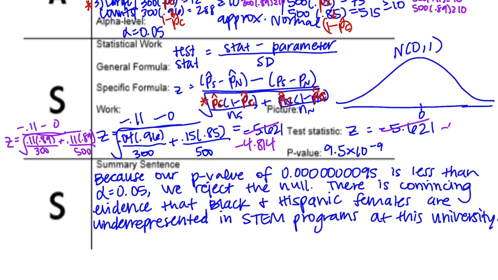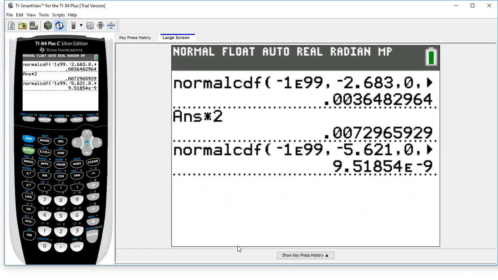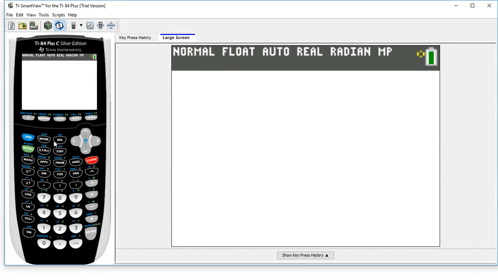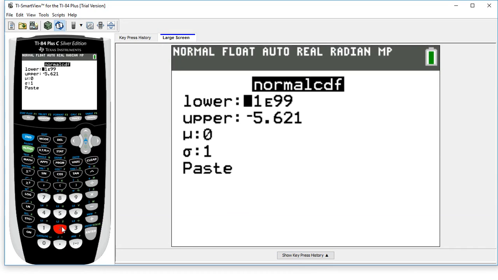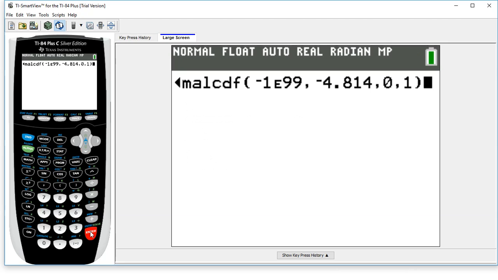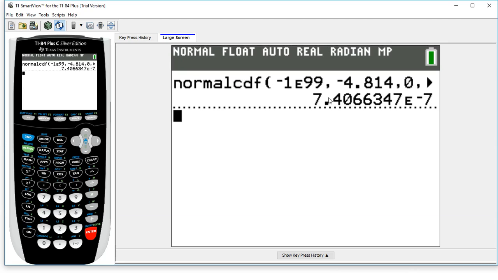Now, that doesn't make much of a difference in terms of our conclusion. If I do second vars 2 with my calculator, I'll show you right here. Second vars 2, and we're looking at negative z, so we start with negative infinity, and we put in negative 4.814, 0 and 1, then I get 7.4 times 10 to the negative 7.